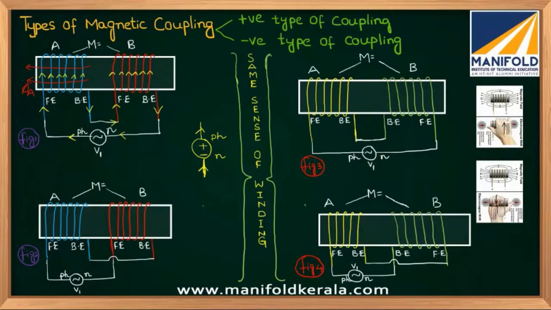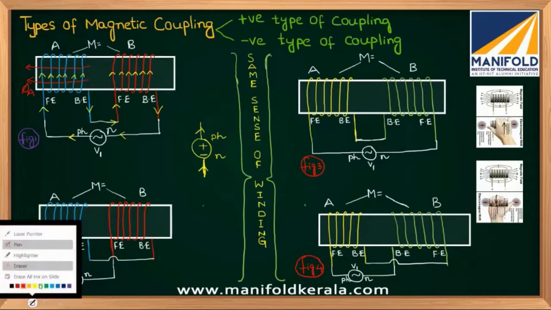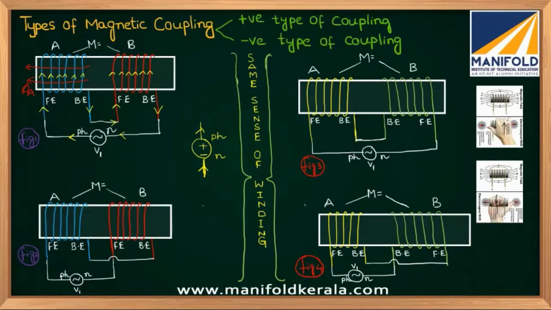The direction of flux given by the thumb, is it right to left or left to right? Right to left. So I call this flux phi B.